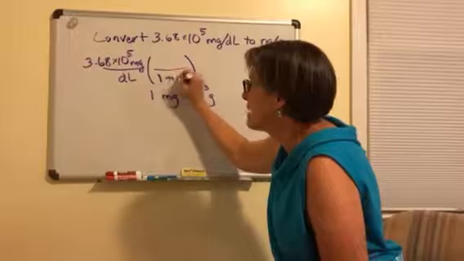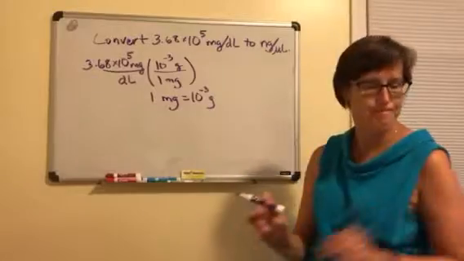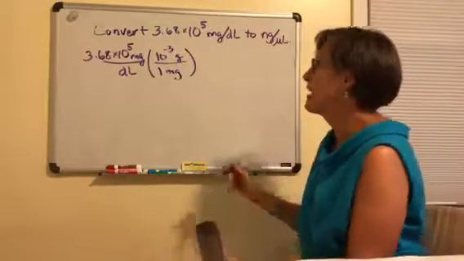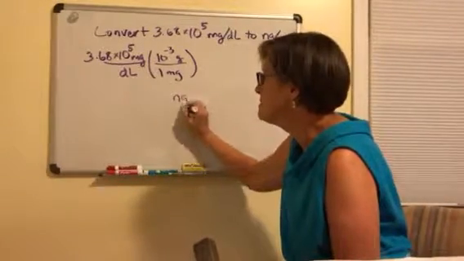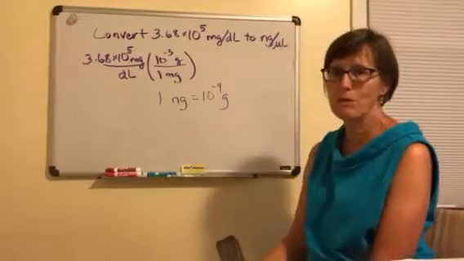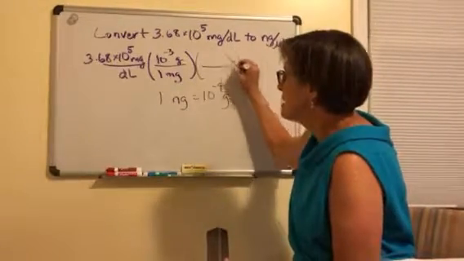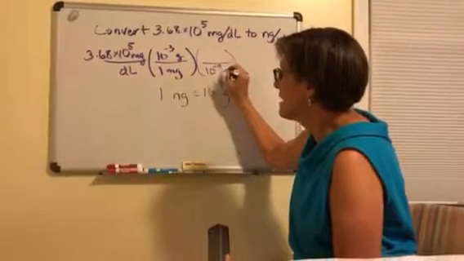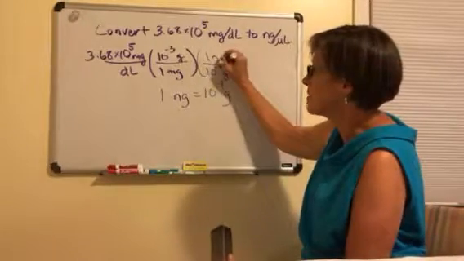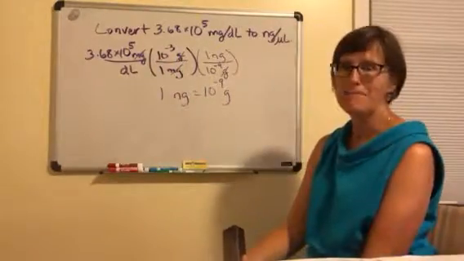We would put the 1 milligram in the denominator and 10 to the negative third grams in the numerator. We have to then convert to nanograms, and the prefix nano means 10 to the negative 9th. So 1 nanogram is equivalent to 10 to the negative 9th grams. In this problem, we would want that 10 to the negative 9th grams to be in the denominator, allowing us to cancel the grams, and 1 nanogram is in the numerator. So these units come out.